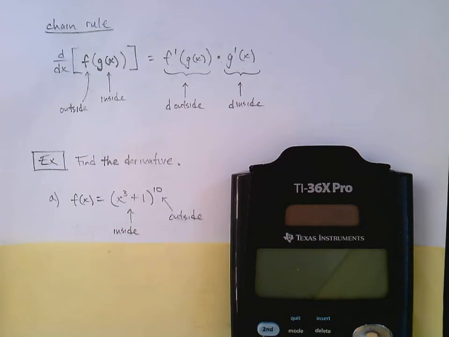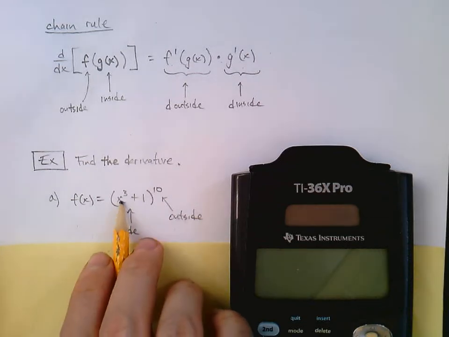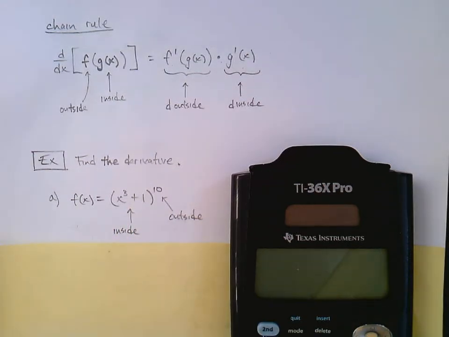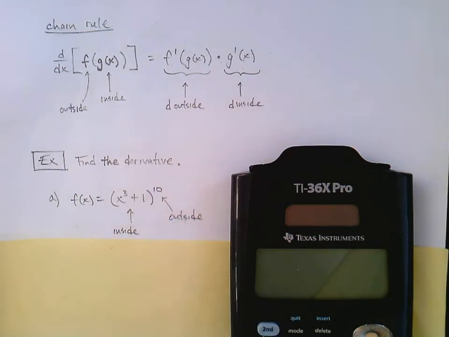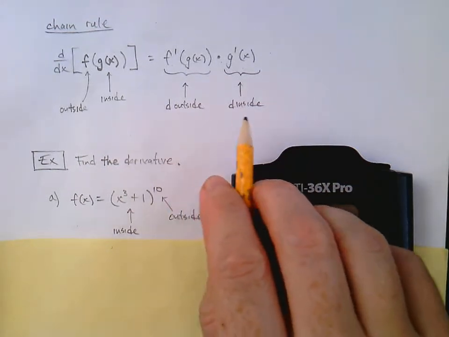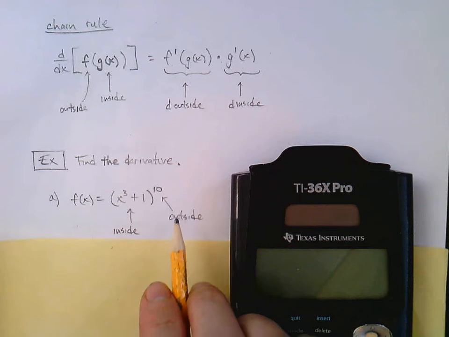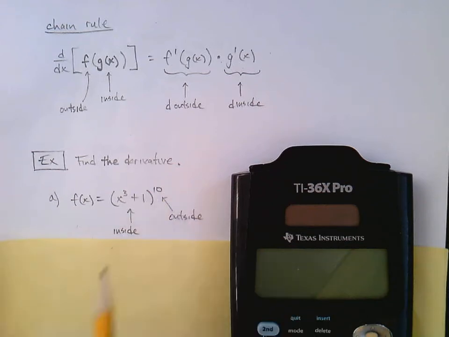I think this way of thinking, inside and outside, is very helpful because what's inside is literally what's inside the parentheses. And that will very often be the case when we are looking to use the chain rule. And what's outside the parentheses, well, that's the outside, the 10th power. Okay, so let's think about how the derivative works. We're supposed to take the derivative of the outside first.